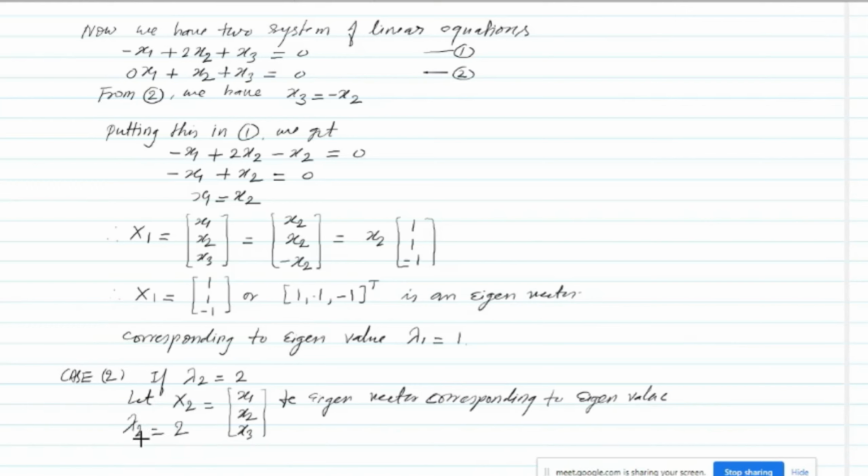We obtain 2. Okay, now let us move to the next page, then write down the formula for the eigenvector.